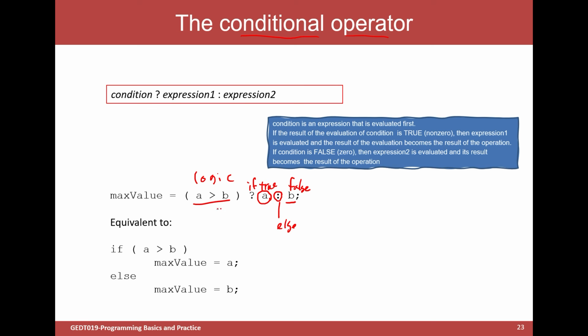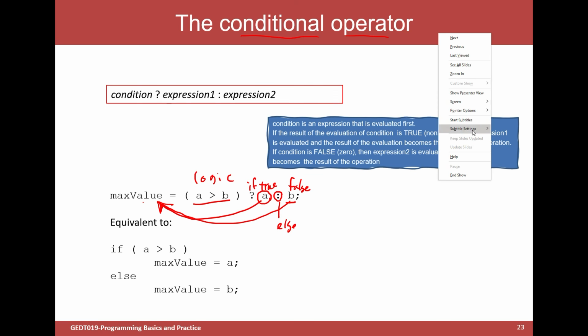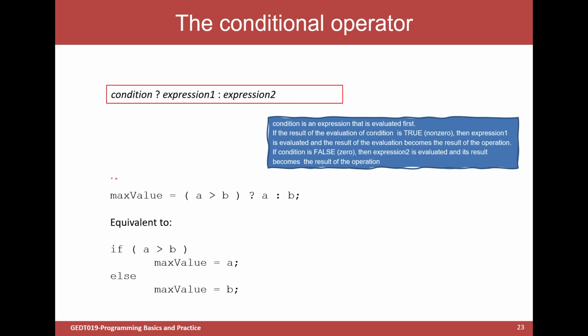If the logic is true, max value will be A. If the logic is false, max value will be B. So this sentence is exactly this one: if the logic is true, max value equals A, else max value equals B. So this is the meaning of this one.